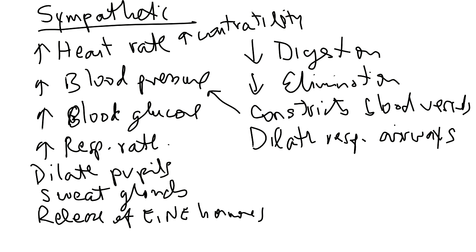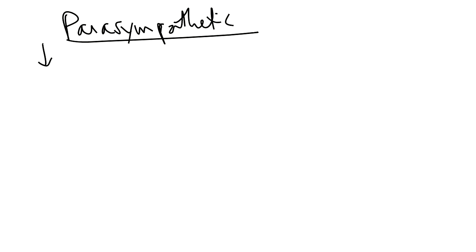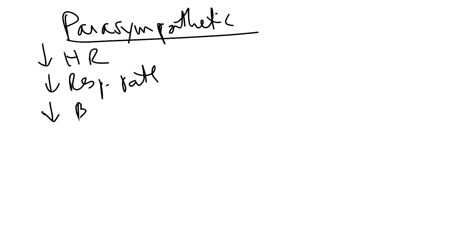Okay, that's sympathetic. Let's go over parasympathetic. So parasympathetic is going to decrease heart rate, decrease respiratory rate, and decrease blood pressure.